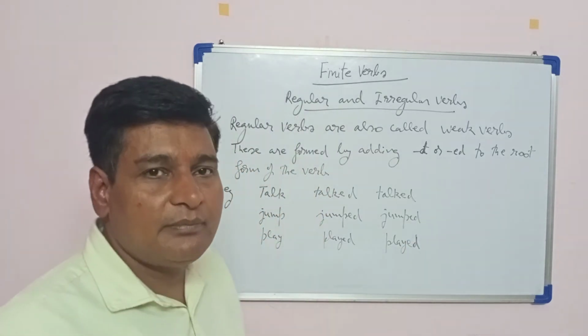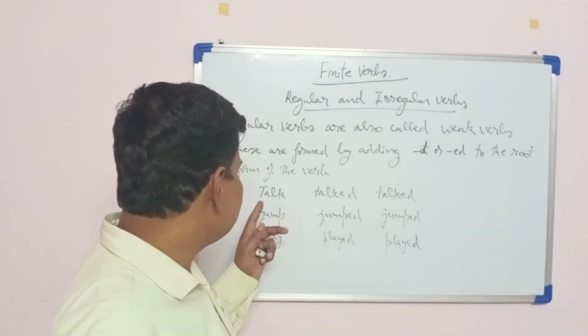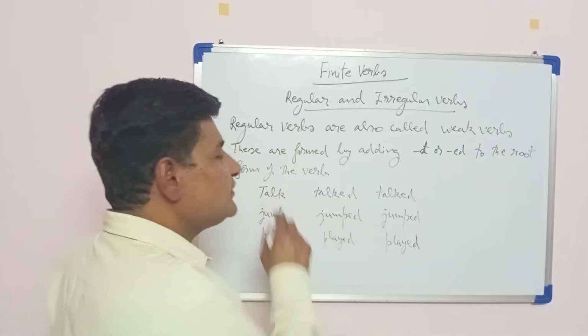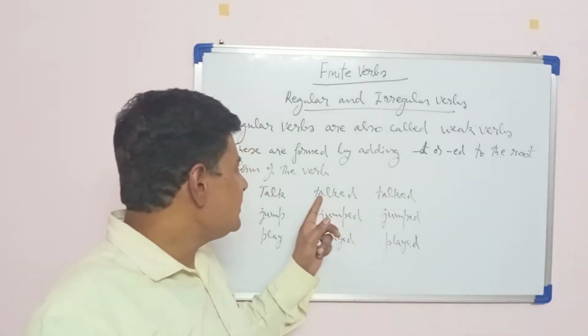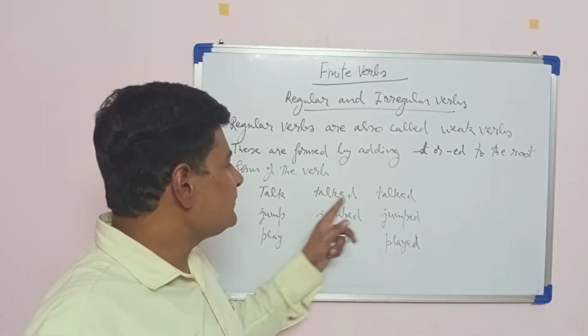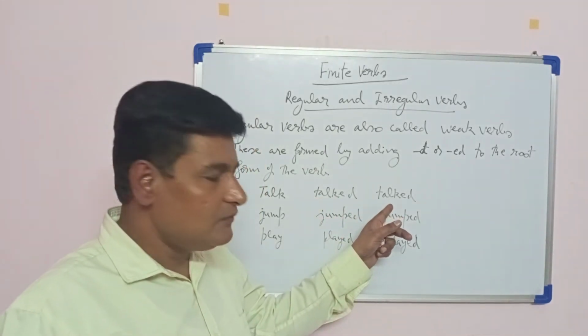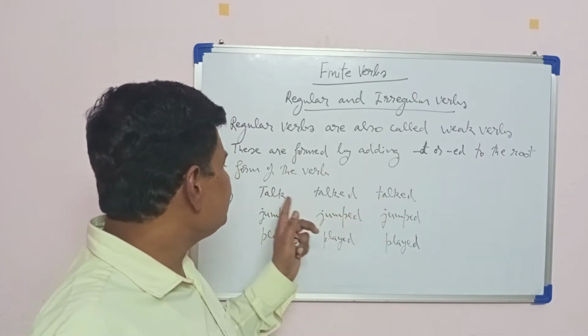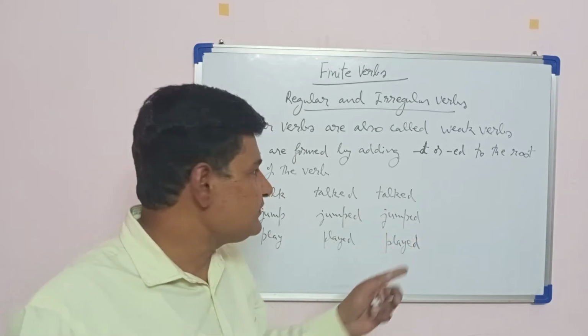These are some of the examples of weak verbs. Talk, talked, talked. Here you can see this is the root form or the first form. This is the past form, and this is the past participle form. So here you can see that ed is added to make the other two forms.